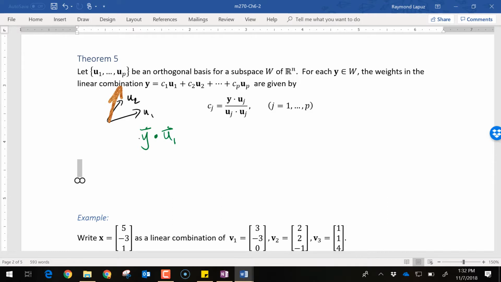And what happens here is that they replace the Y with this thing, C1 U1 plus C2 U2, all the way up to CP UP, dotted with U1.